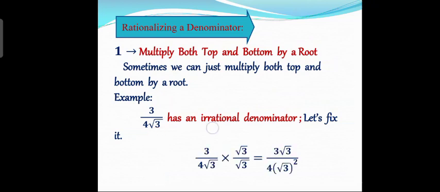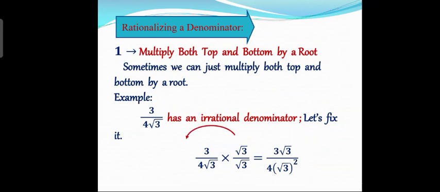3 over 4 square root of 3 is multiplied by square root of 3 and divided by also square root of 3, and square root of 3 is the rationalizing factor of its denominator surd, that is square root of 3. When we multiply, we get 3 square root of 3 over 4 square root of 3 square.